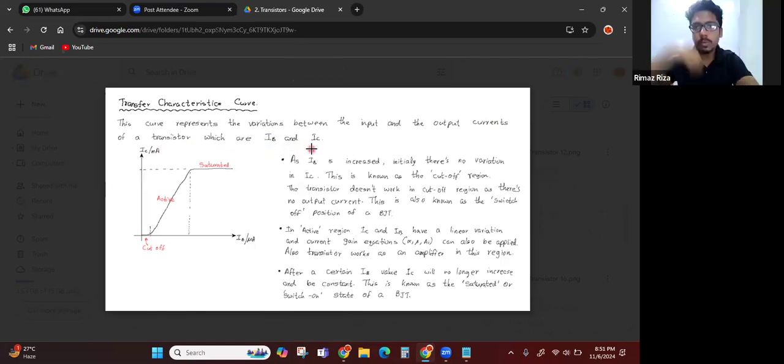We consider IC as the output current and IB as the input current. Okay, so mostly when we are talking about this characteristic curve, the main configuration that we consider is common emitter configuration. So therefore, base IB current will be the input current, IC current will be the output current.